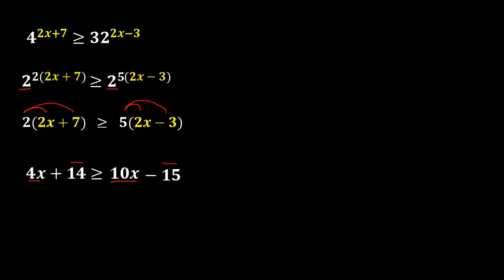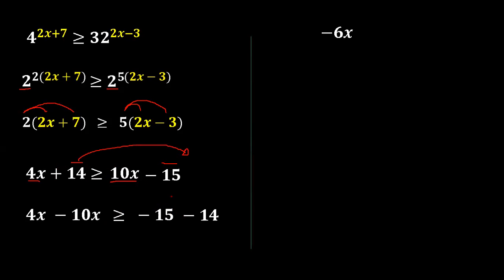So transpose 10x to the left side, that will become negative 10x, greater than or equal to, copy negative 15. Transpose positive 14 to the other side, that will become negative 14. So the difference is negative 6x greater than or equal to negative 29.